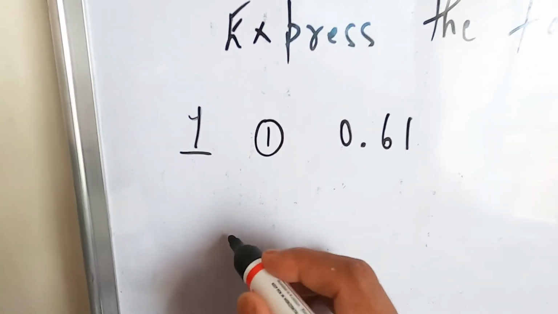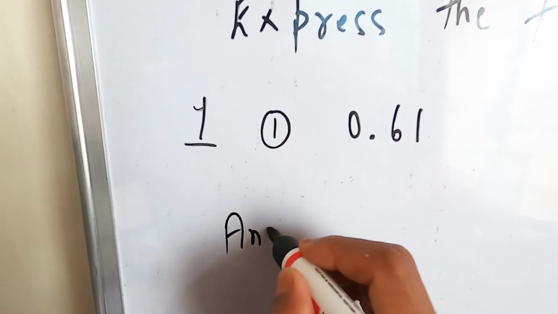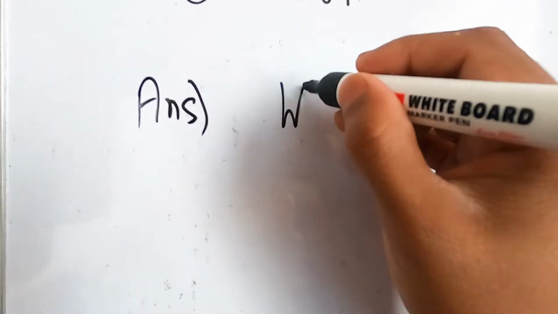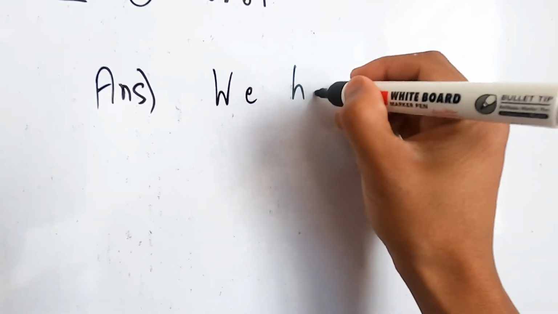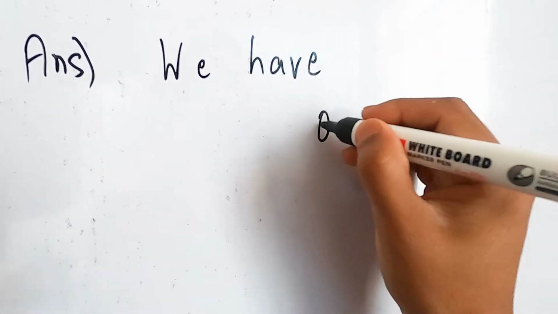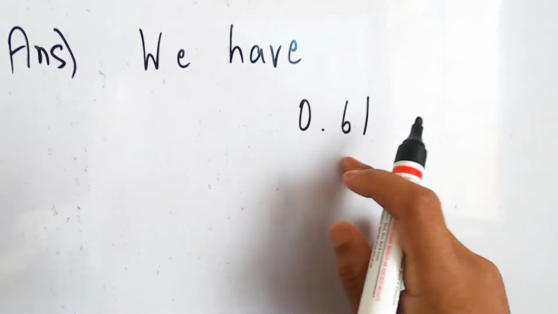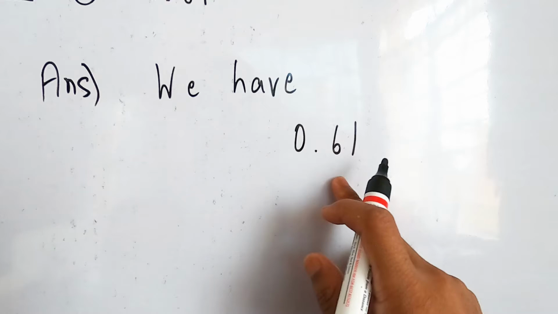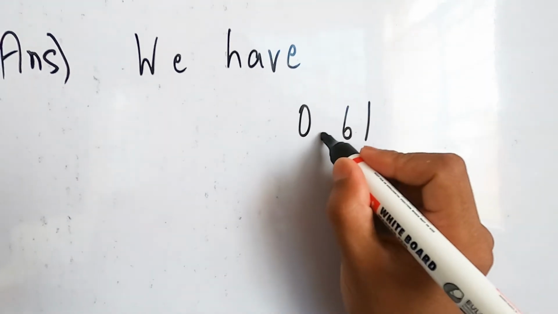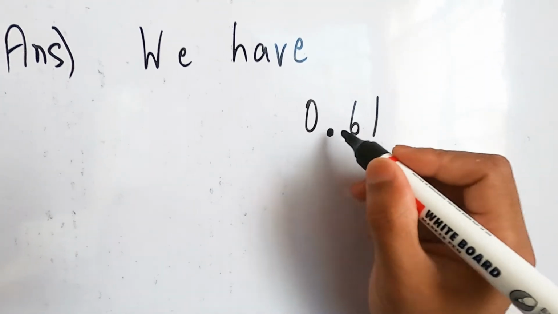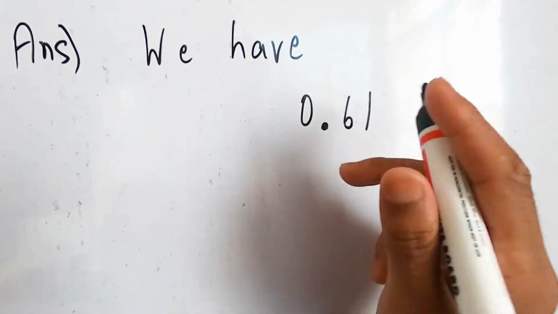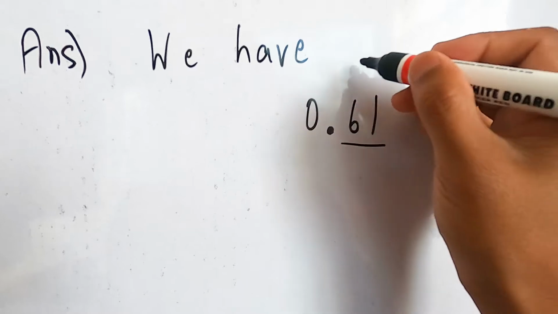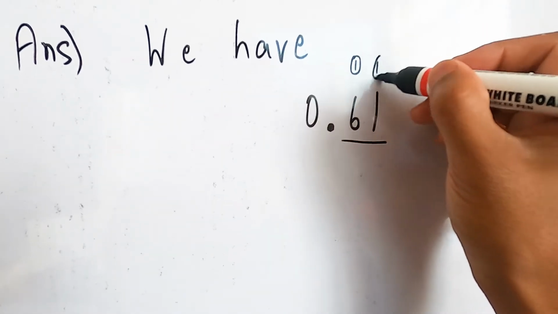Alright, so this is very simple. Answer, you write here, we have 0.61. Let us convert this one in the form P by Q. You can see that there is a decimal point, and behind the decimal point how many numbers are there? 1, 2.